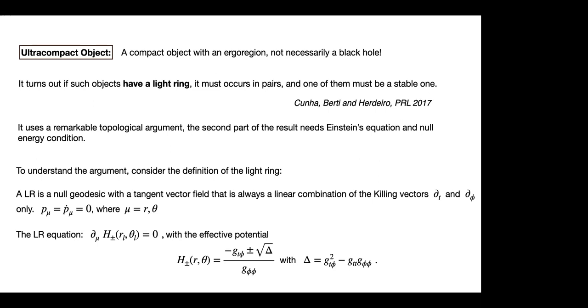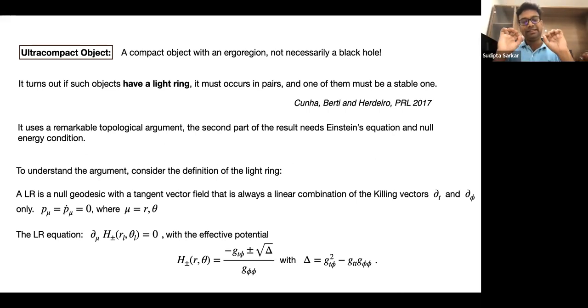So essentially the light rays governed by these Killing vectors would go around. What I mean to say is that if there exists a null geodesic whose tangent vectors are only a combination of del t and del phi, let's think of a Schwarzschild shell, it will be a circular null geodesic.